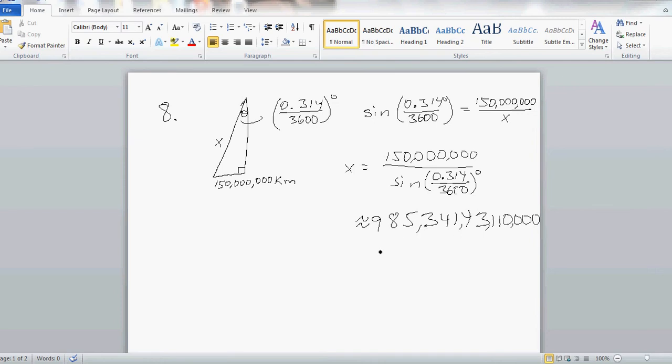And so even though I went into the nearest, what appears to be 10,000, that's fine too. So it appears that we have, I've mixed my fractions up, 98,534,143,110,000 miles. And of course at that distance, give or take a million is certainly sufficient.